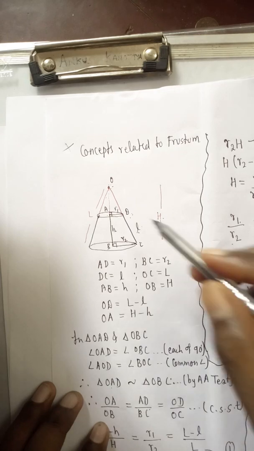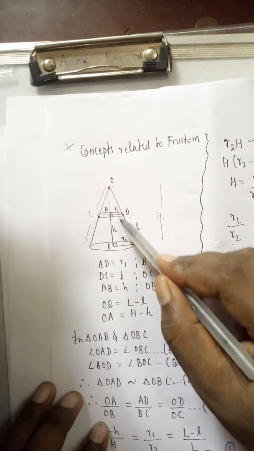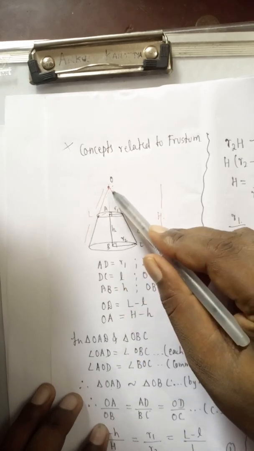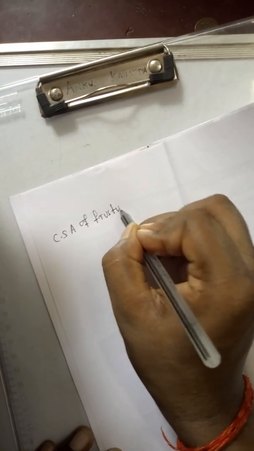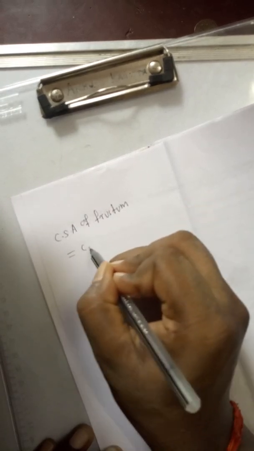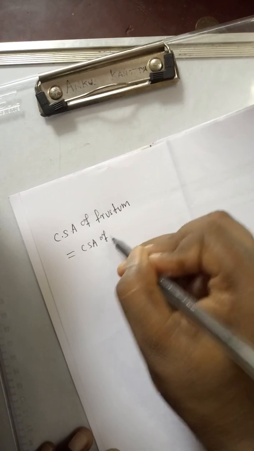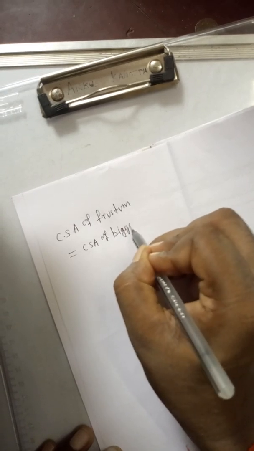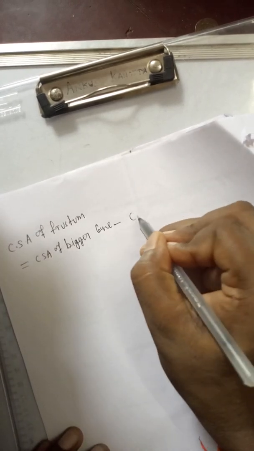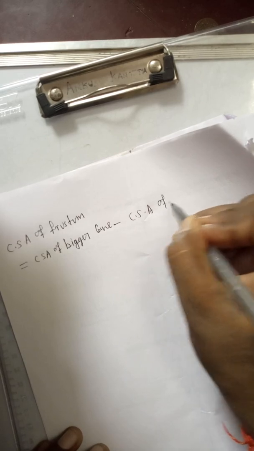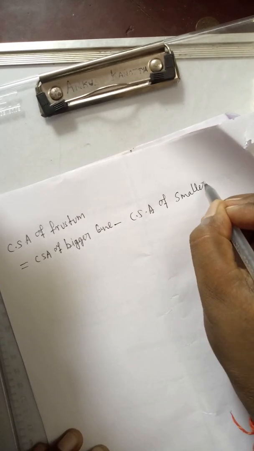I repeat, C.S.A of the frustum is C.S.A of the bigger cone minus C.S.A of the smaller cone.